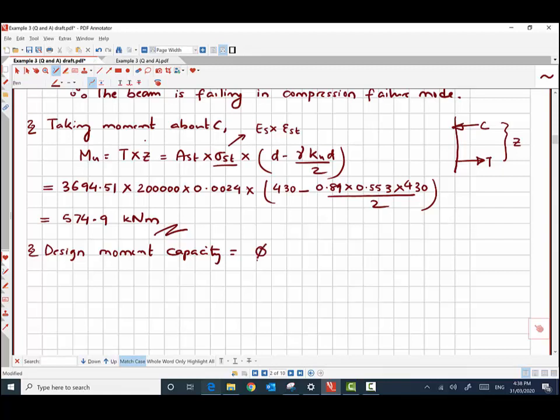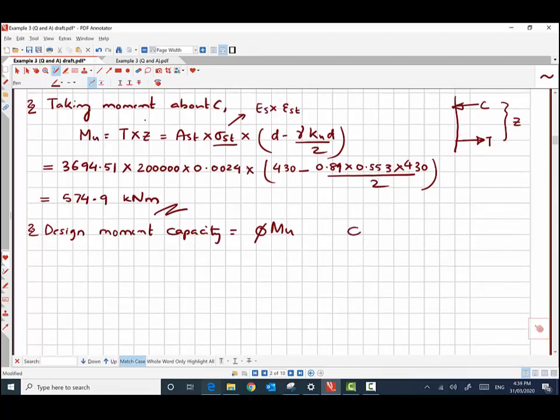it is the strength reduction factor multiplied by Mu. So phi is obtained from AS3600 table 2.2.2 for flexure.